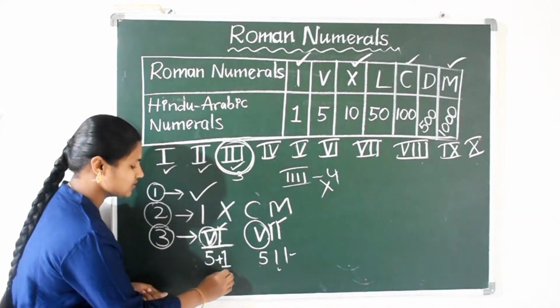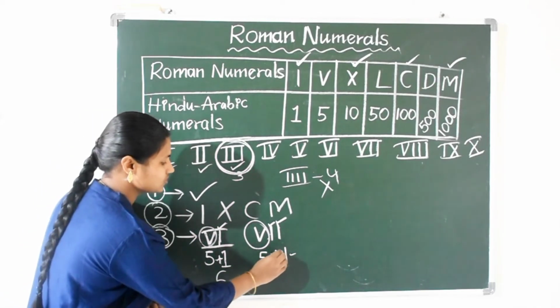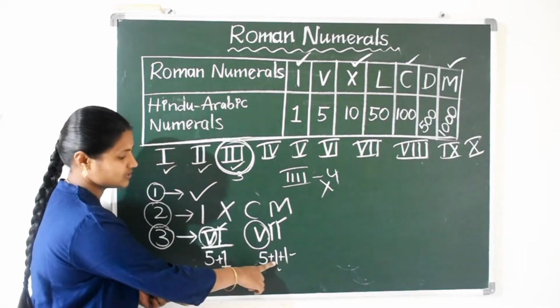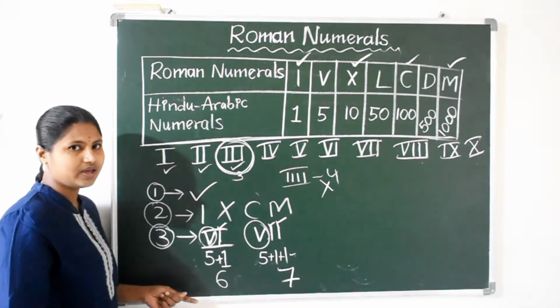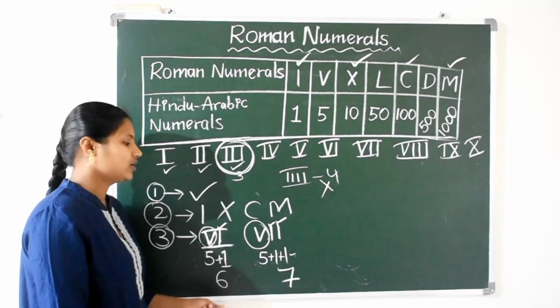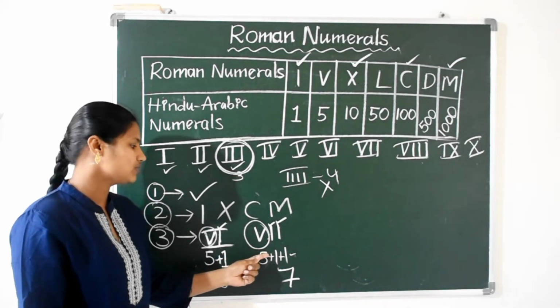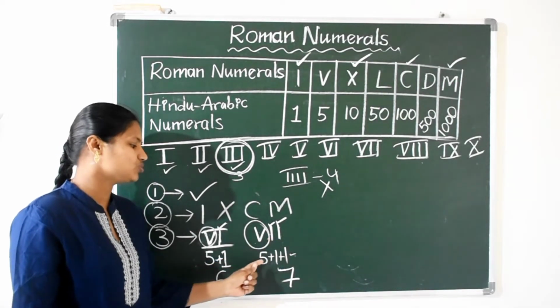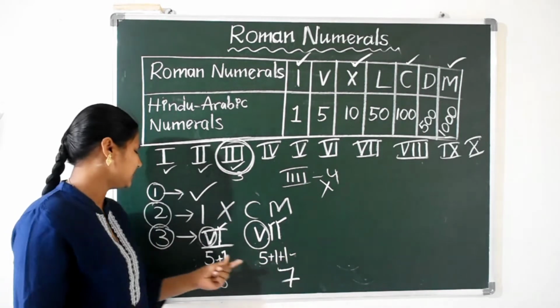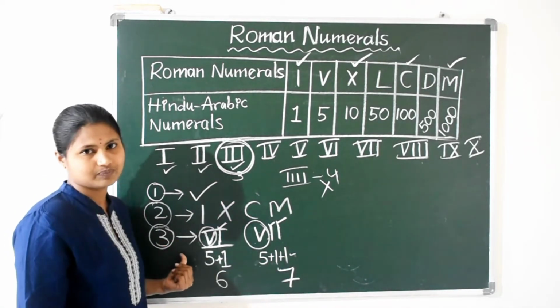So 5 plus 1 is 6. 6 plus 1 is 7. Okay, have you understood? If one or more symbols are placed after a greater value, the numbers are to be added. That is property 3.